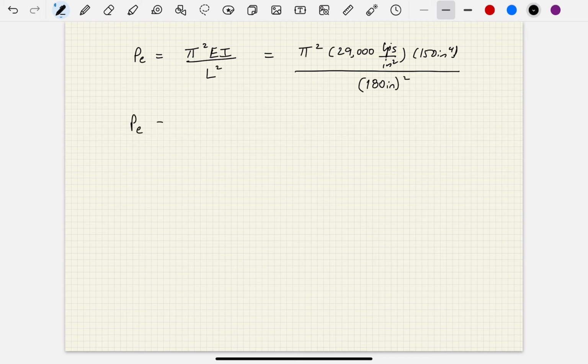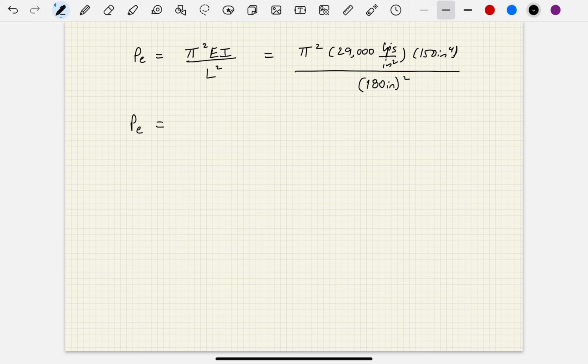I'm going to punch this in really carefully in my calculator. Punch it in twice if you need to, but you've got pi, which is 3.14159, etc. Square pi, okay? And then you say times 29,000 times 150 inches to the fourth, and then divide by 180. Don't forget to square that 180.